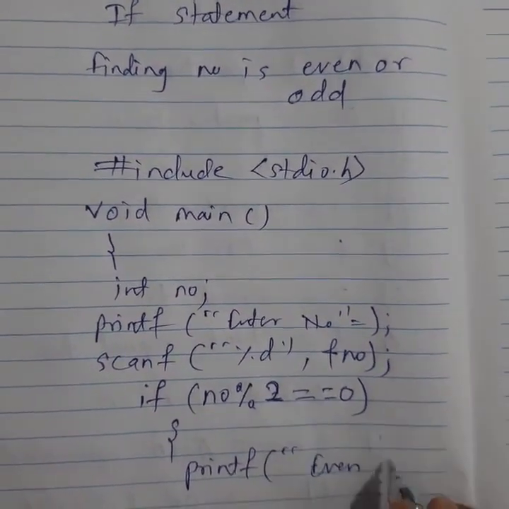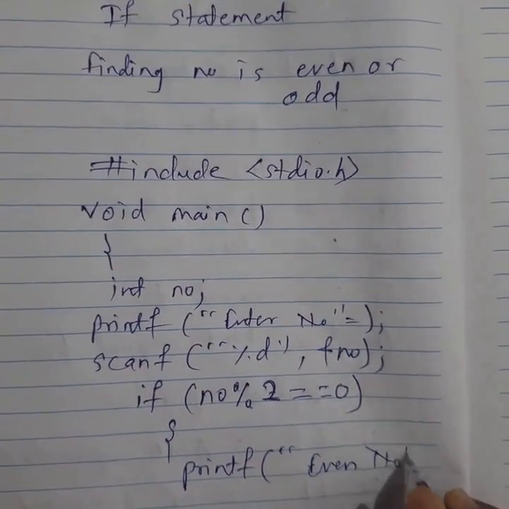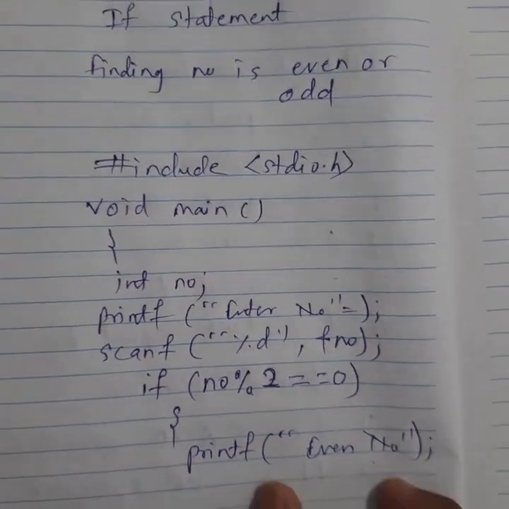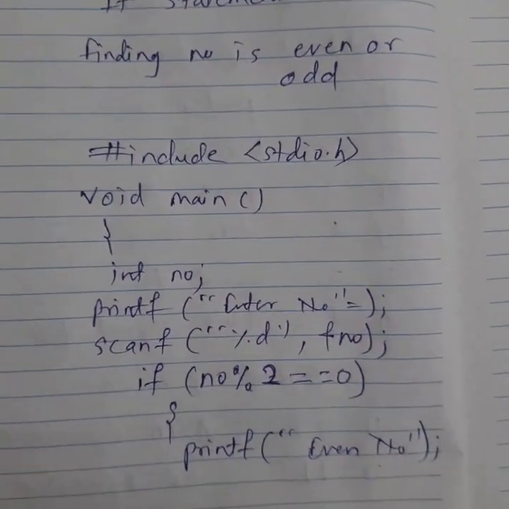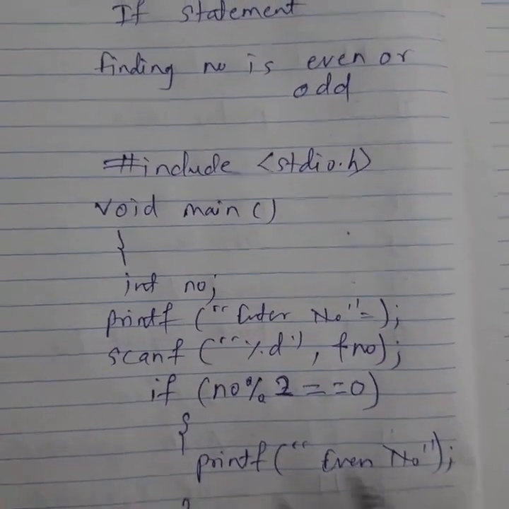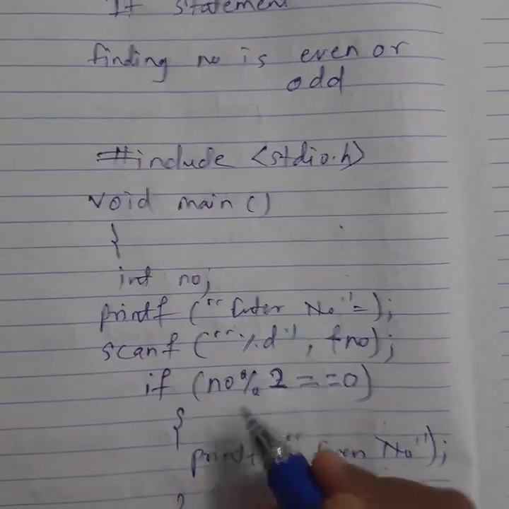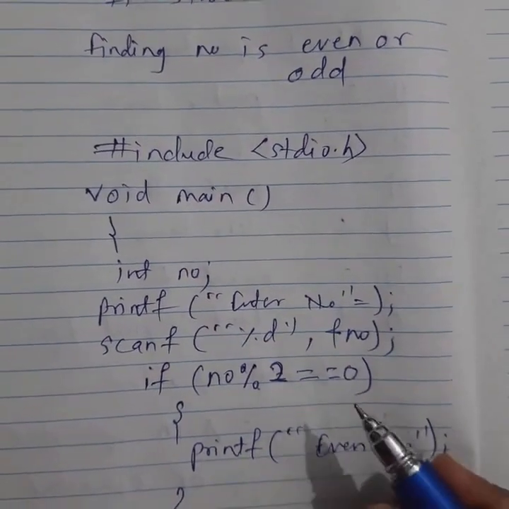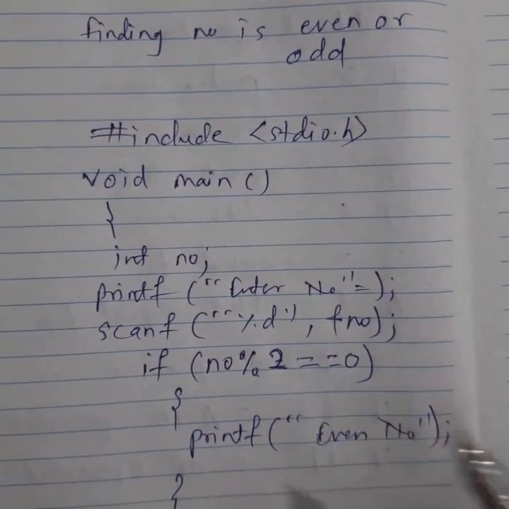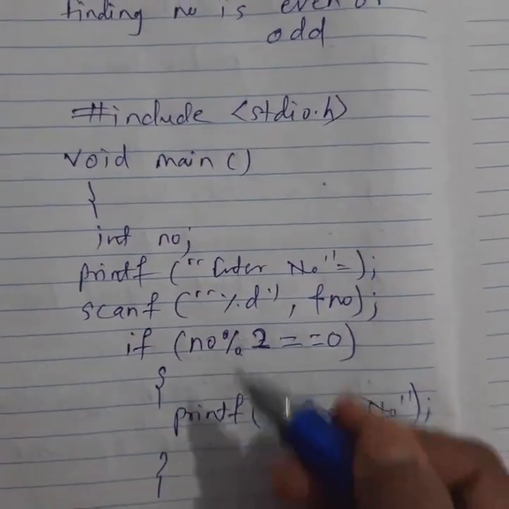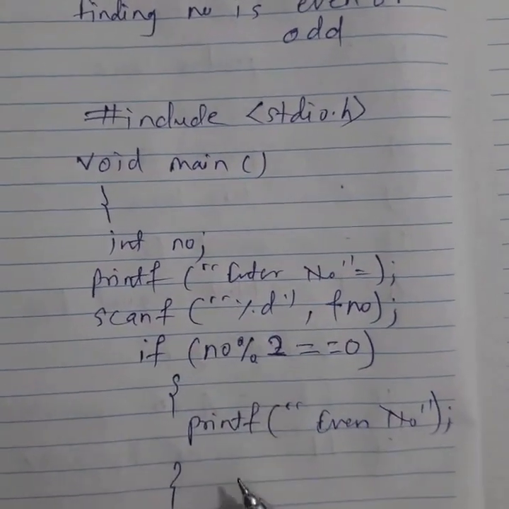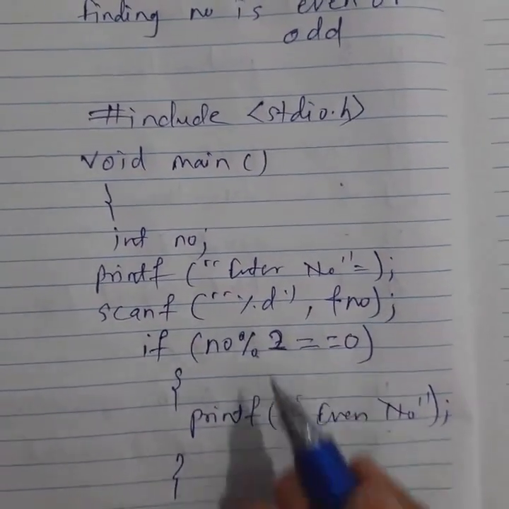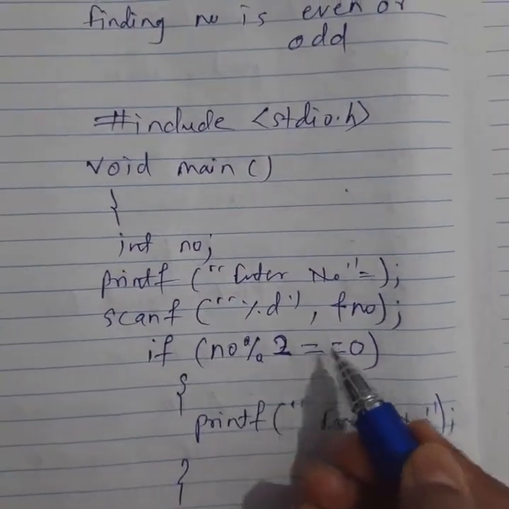Then we print here even number, or you can write your own sentence, such as entered number is even number. Suppose you enter another number which is not even but odd. How will the computer decide whether the entered number is odd or even? If number divided by 2 equals 0, the number is even. If not, it comes to the else part, after else an opening curly bracket, and we write printf.